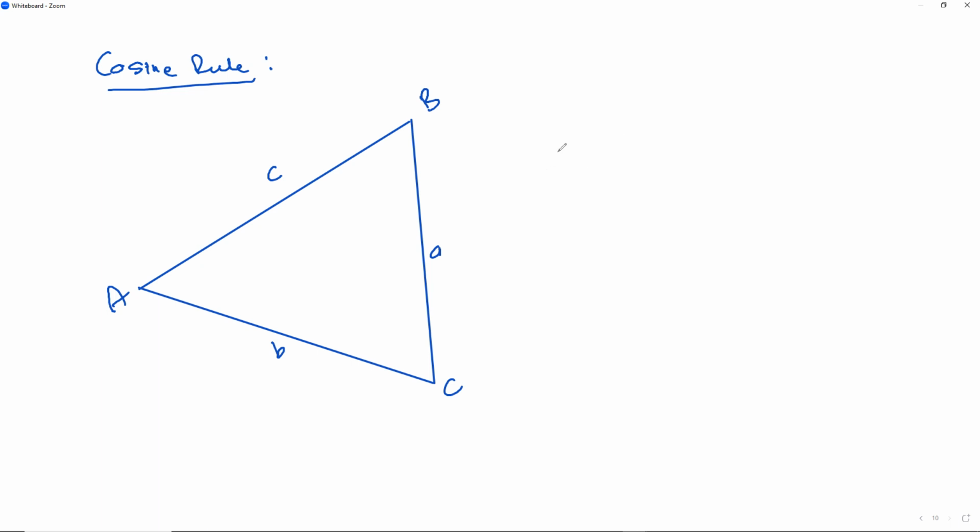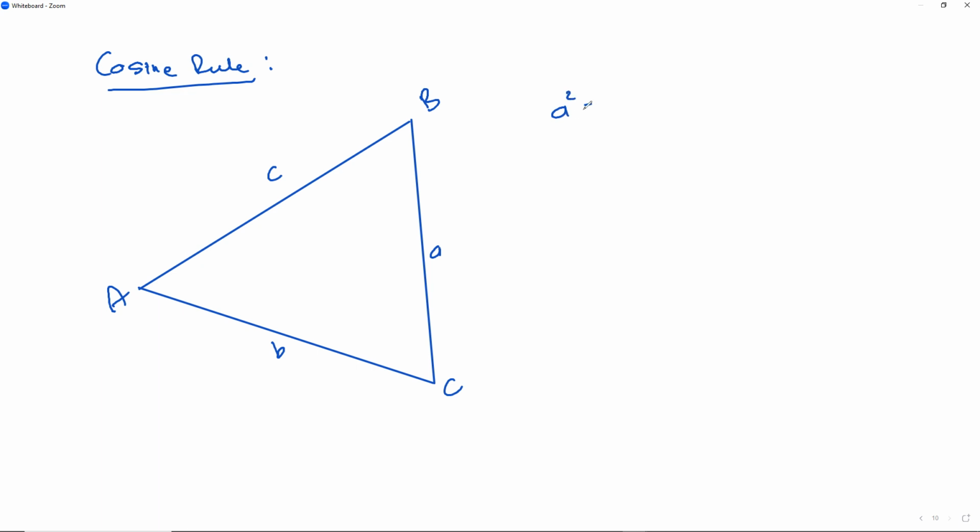In order to calculate the length of a, which is a squared in this case, the formula will start from this. Let's say I want to find the length of a.